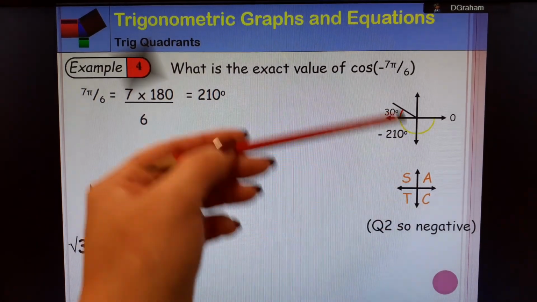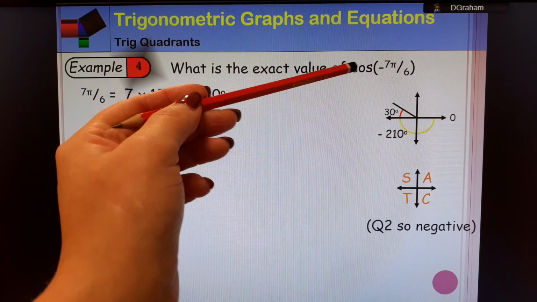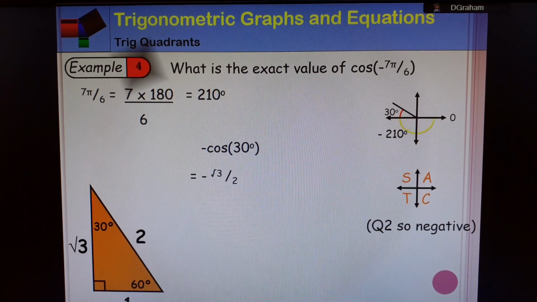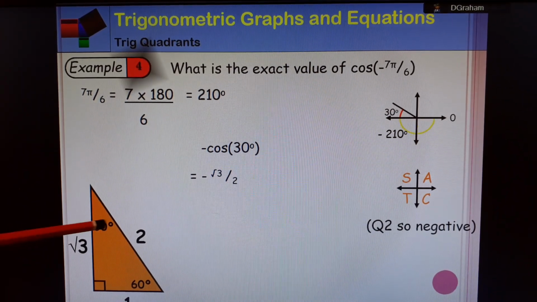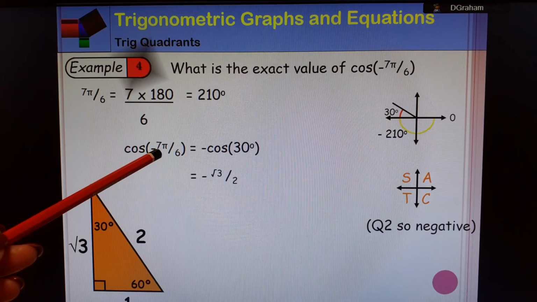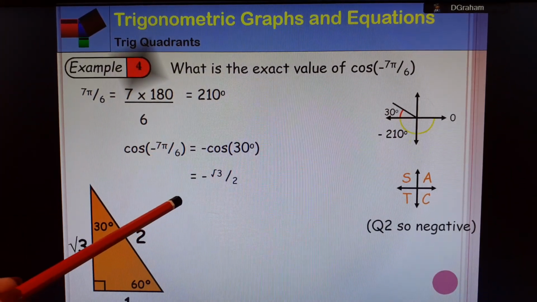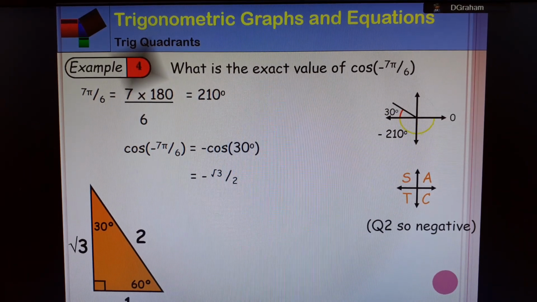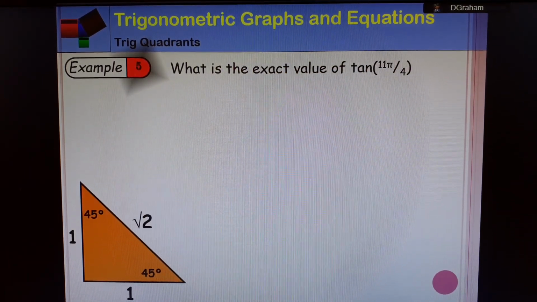So negative cos, because that's what the question has, 30 because that's what the associated acute angle is. So it's negative cos of 30, which is negative root 3 over 2. Okay, from cos of 30 adjacent over hypotenuse. So cos of negative 7 pi over 6 is equivalent to negative cos of 30, which is negative root 3 over 2.